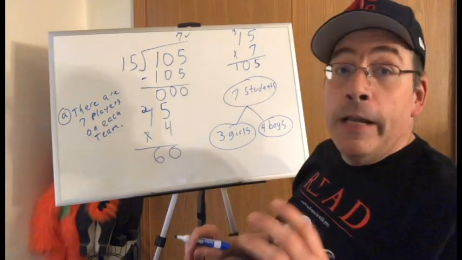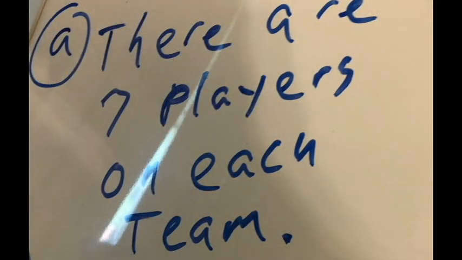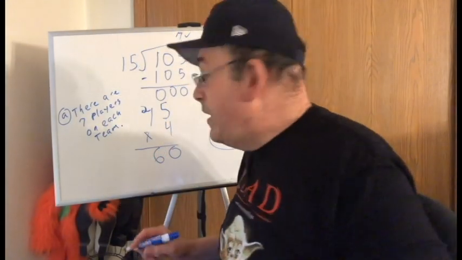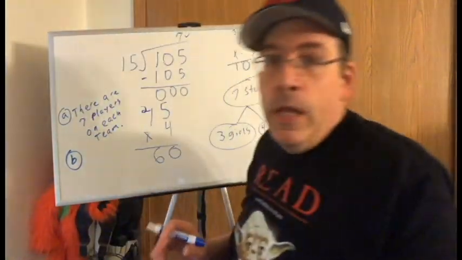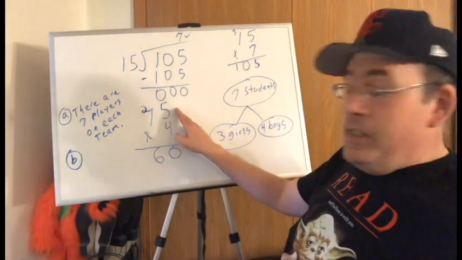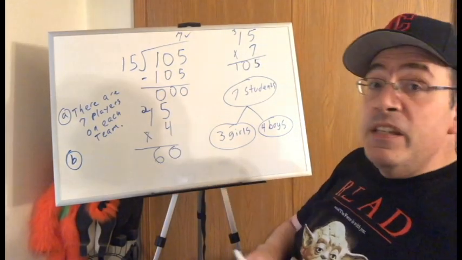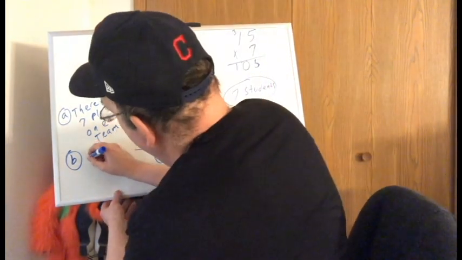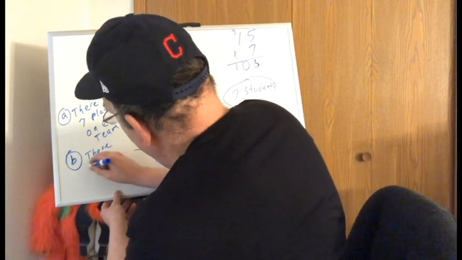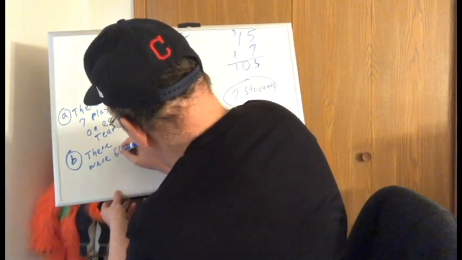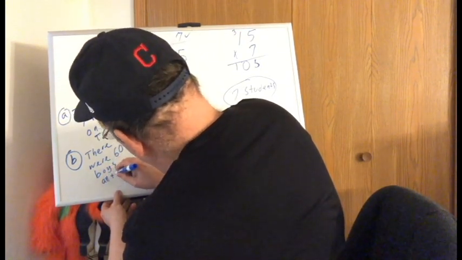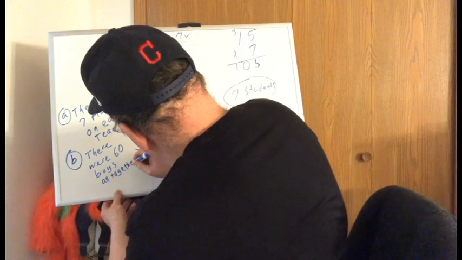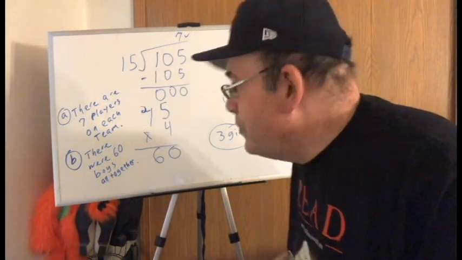There are 7 players on each team. Then the second question that they asked us, we'll call that one B. How many boys were there altogether? 15 teams, 4 boys on each team, 60 boys. There were 60 boys altogether.